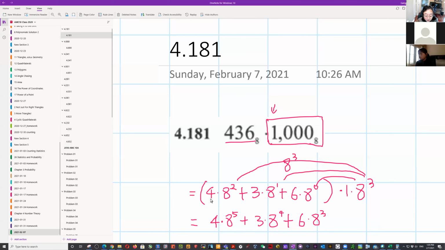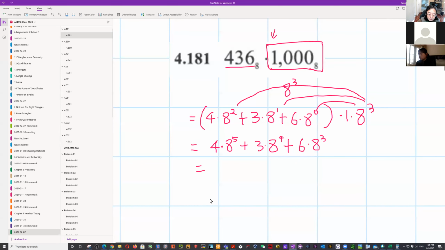So given this format, if we write this expanded form back into the base 8 integer, it's going to be exactly 4, followed by 5 0s. So basically it's 1, 2, 3, 4, 5, 0, that's base 8. And here is plus 3, 0, 0, 0, 0, base 8, plus 6, 0, 0, 0, base 8.